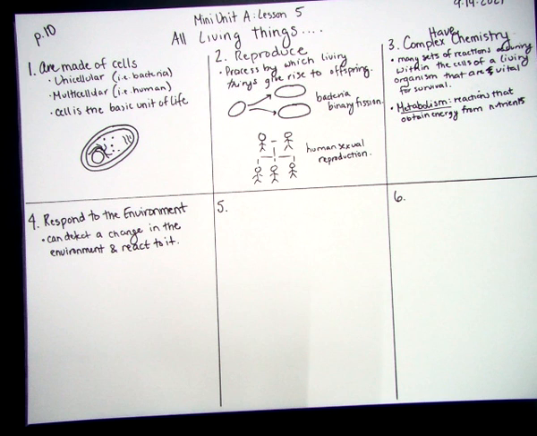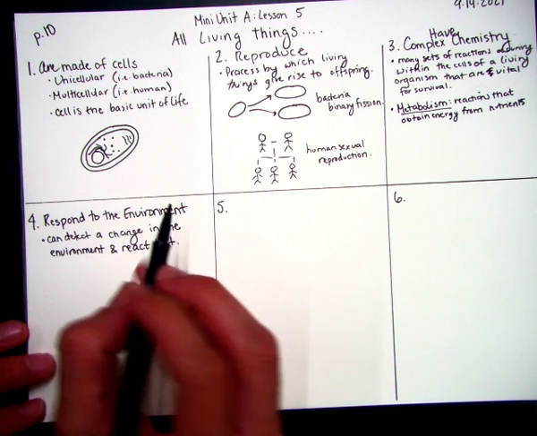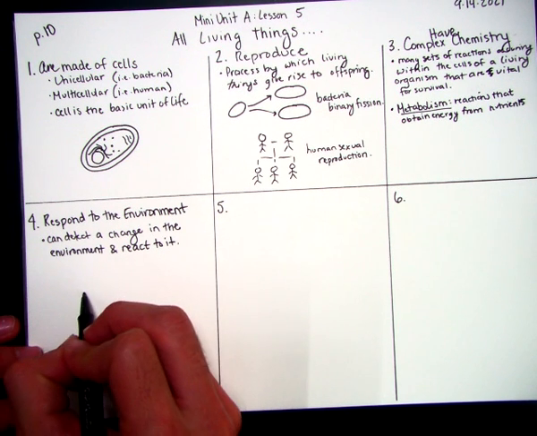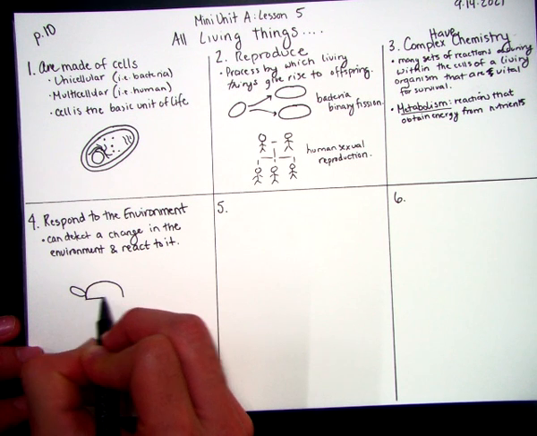So all living things can't necessarily move like a human walking or an animal walking, but all living things have the ability to respond to the environment. A good example, you could think of a little turtle.